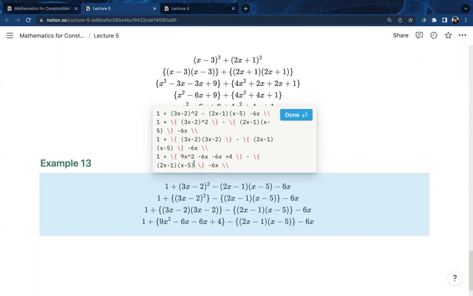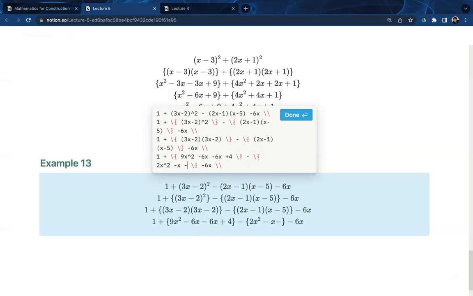For the 2x by x, that is 2x squared. Minus 1 by x, minus x. 2x by minus 5, minus 10x. Minus 1 by minus 5, plus 5.